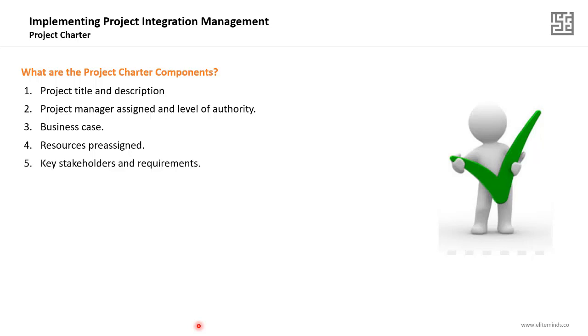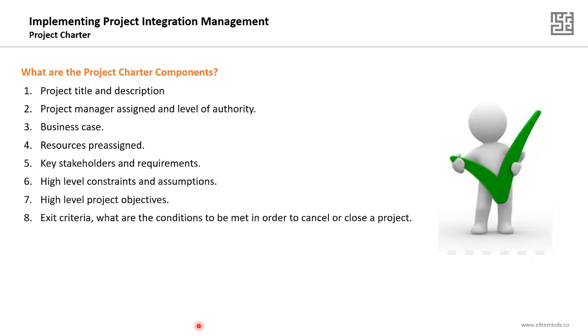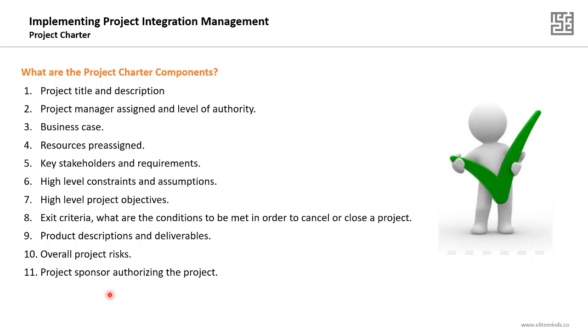The key stakeholders of the project and their key requirements, the high-level constraints and assumptions of the project, the high-level project objectives, and the exit criteria, which can be defined as the conditions to be met in order to cancel or close a project. Then the product description and the deliverables of the project, the overall project risks, and who is the project sponsor authorizing the project. These are the key sections of the project charter, and knowing them is very important for the exam.